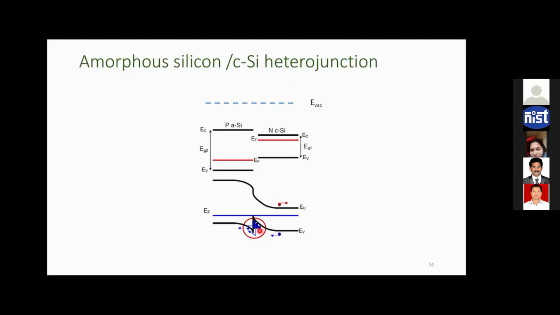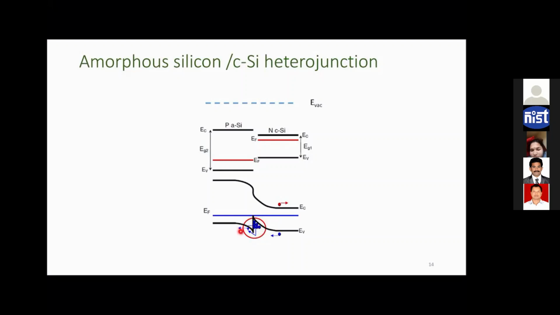Now, once these holes are at the junction, they can overcome this band offset, this valence band offset, in two ways. One, by thermionic emission, and two, by tunneling through this barrier.